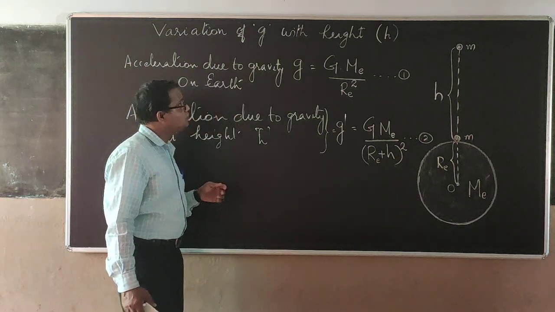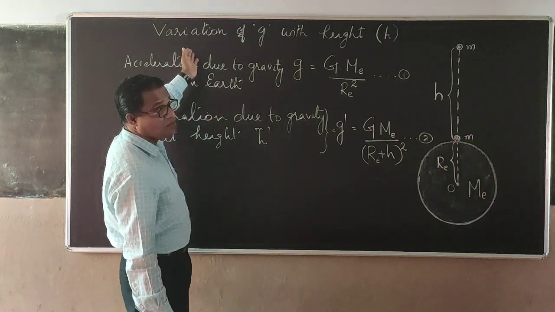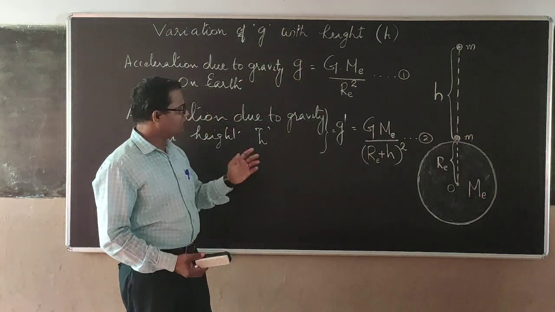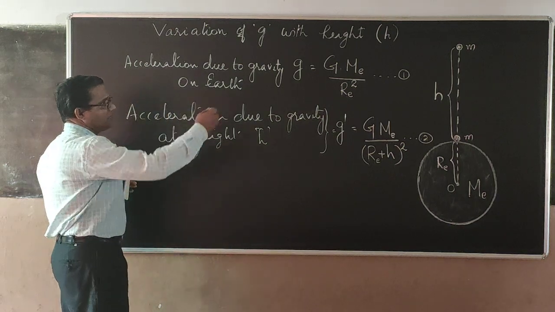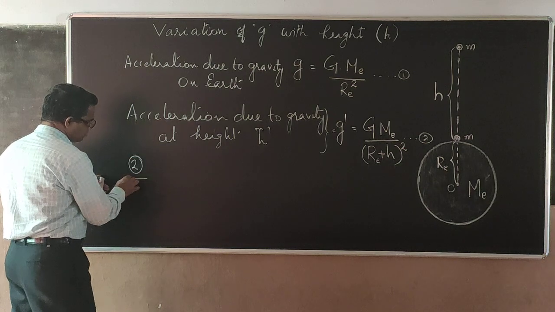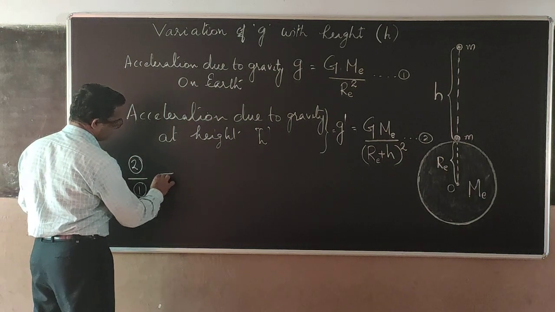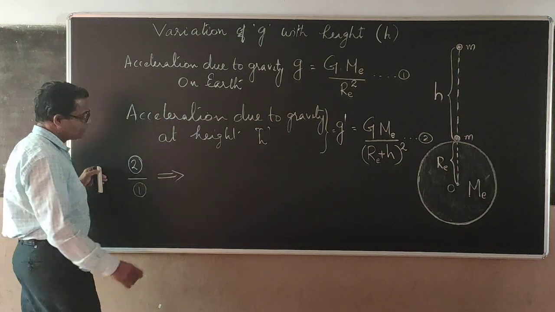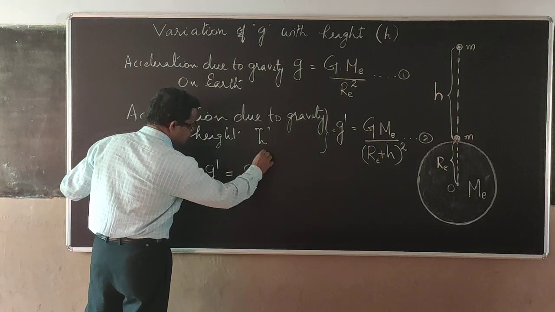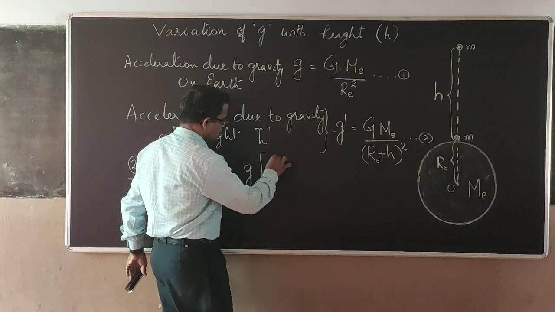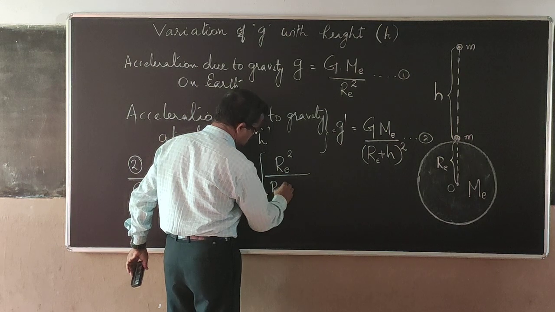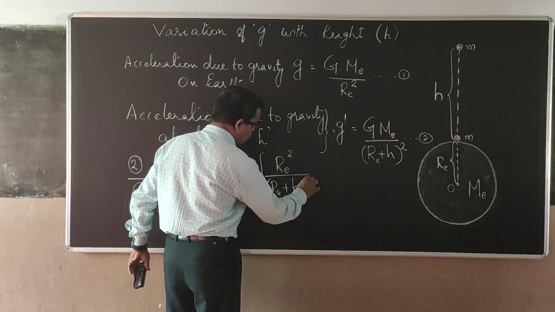But what we want to find here is the variation of g with respect to height. For that, we have to combine the two equations, and I take equation 2 by equation 1, then we get g prime equal to g into RE square by (RE plus h) the whole square.